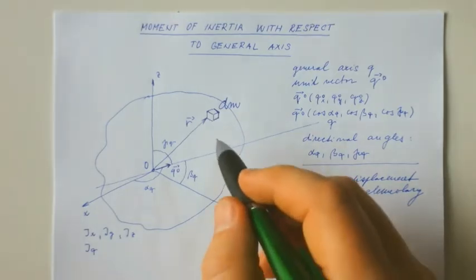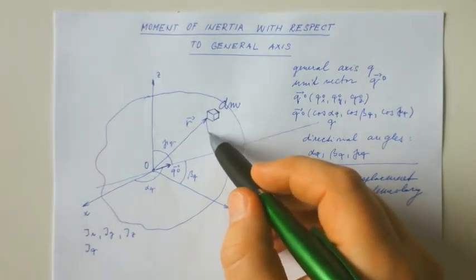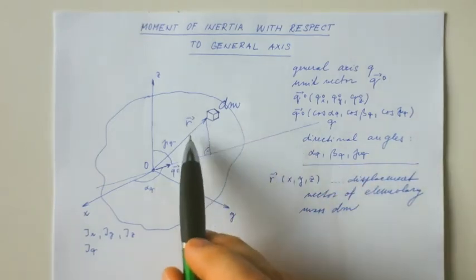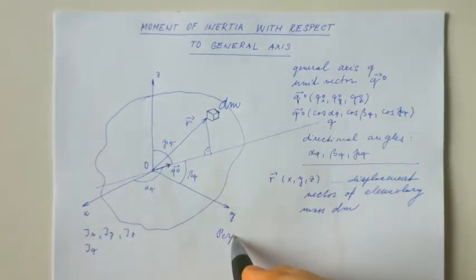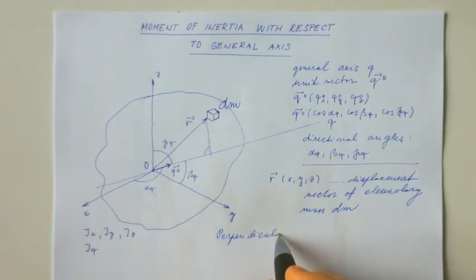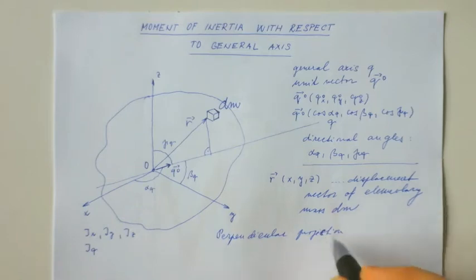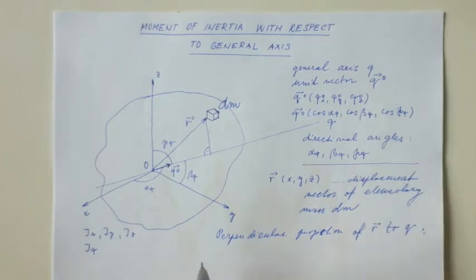We will do it in this way: we will make a perpendicular projection of r to the q-axis. A perpendicular projection is made by a dot product.